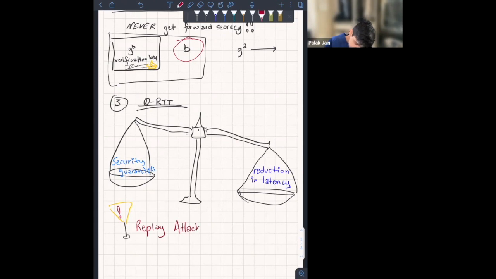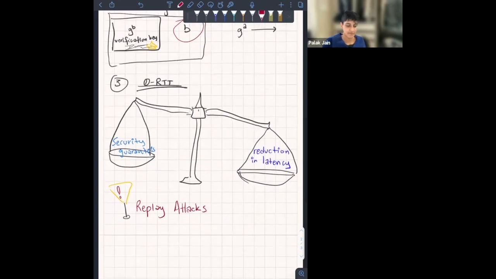And so for this reason, this may not seem like a problem some of the time, which it isn't, right? If you're just loading a static page and the request that you can replay is a request to load a publicly available static page, then that seems like it doesn't hurt so much. Whereas if you were using the 0 RTT to make some sort of payment, then that's when it turns into a problem.